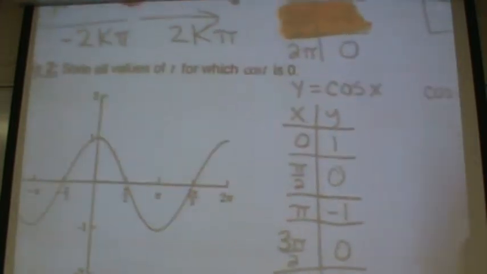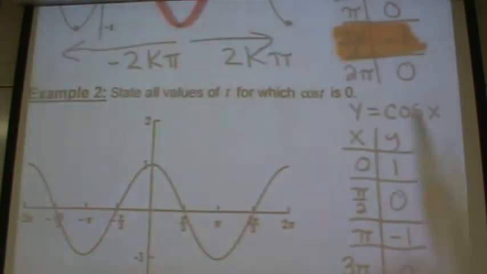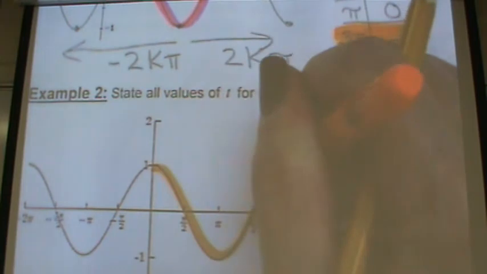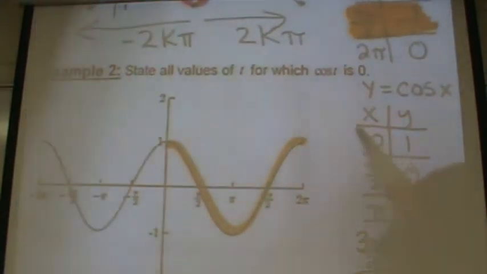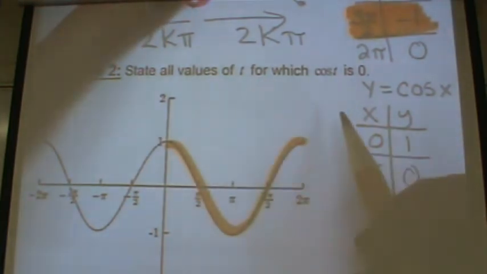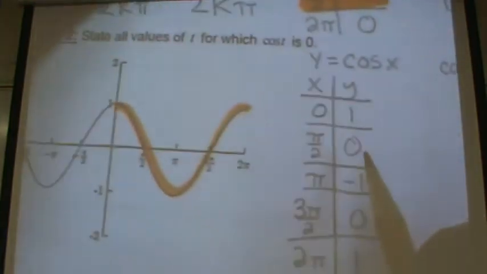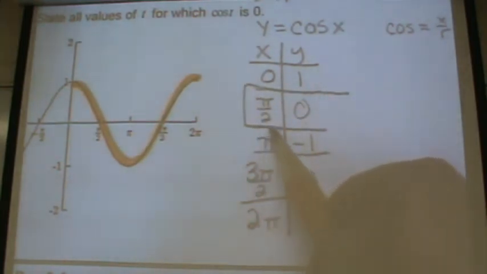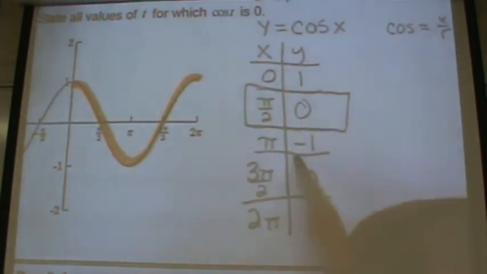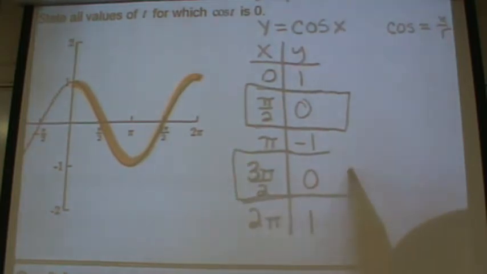Now let's read this graph, this question. And by the way, let's highlight 0 to 2 pi. There's 0 to 2 pi right there. This question says state all of the values of t for which the cosine is 0. Well, do you see where there's 0? Right here. That's when the y value is equal to 0, and here's another place.